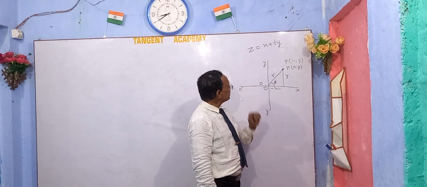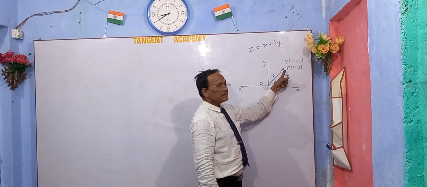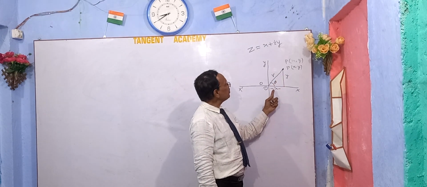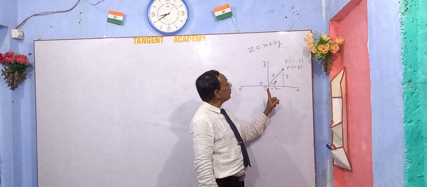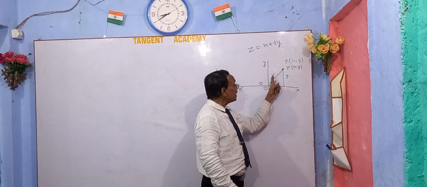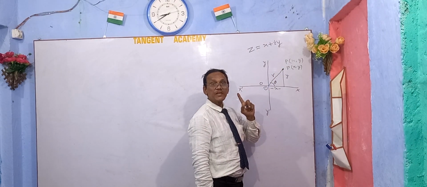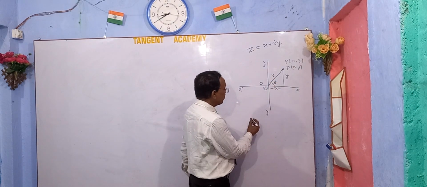So there are two ways of reaching this point P: when Cartesian coordinates x and y are given, and when the polar coordinates, the magnitude of OP, r, and theta are given. These r and theta are called polar coordinates.